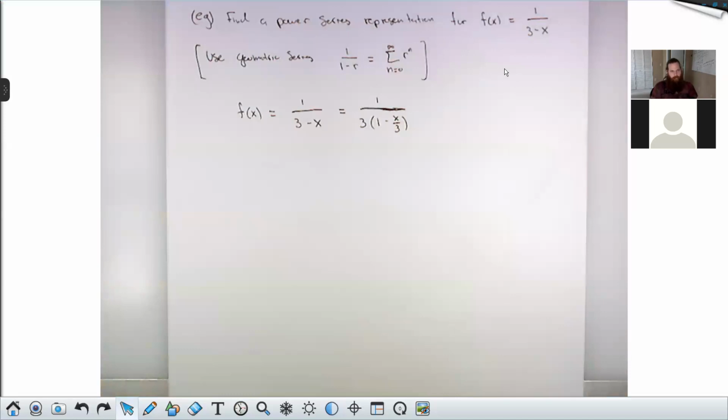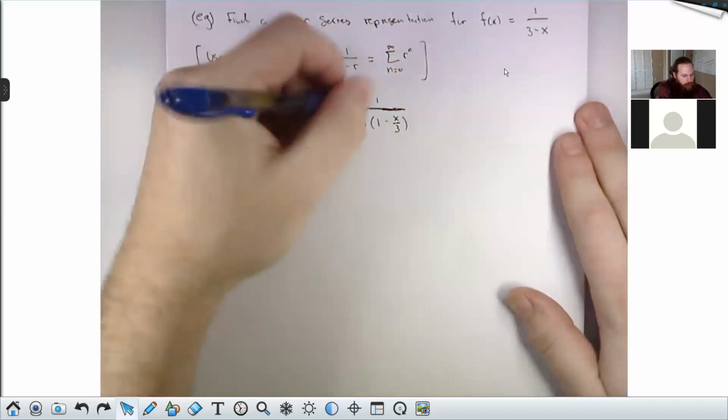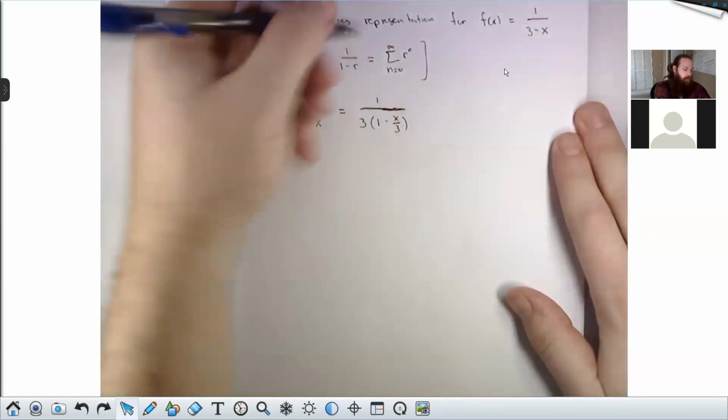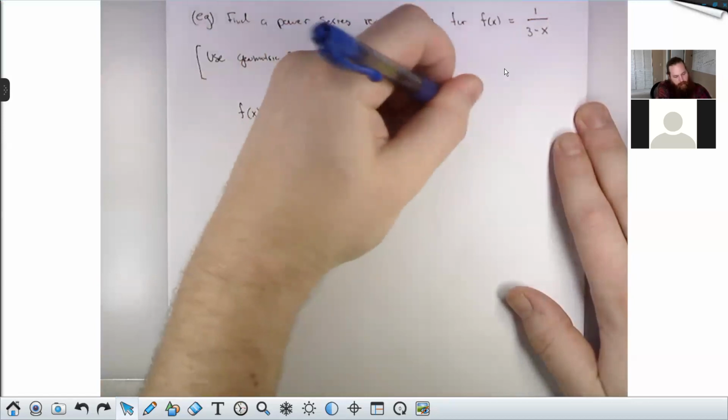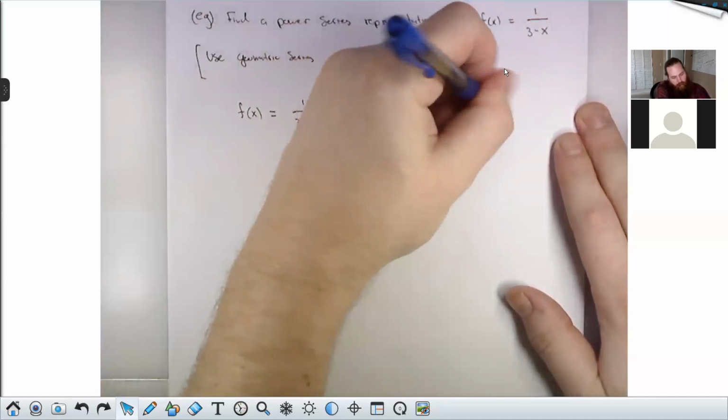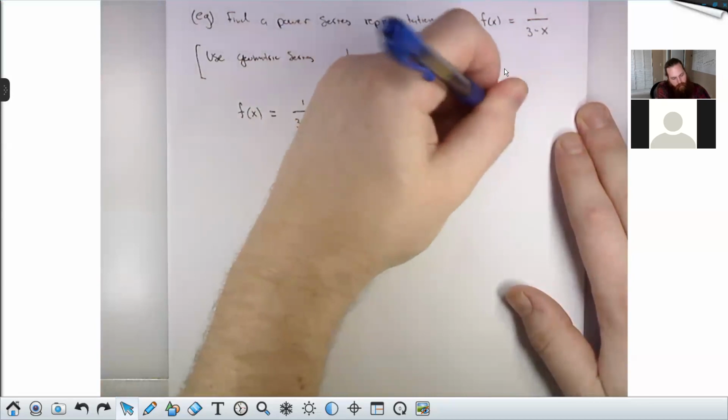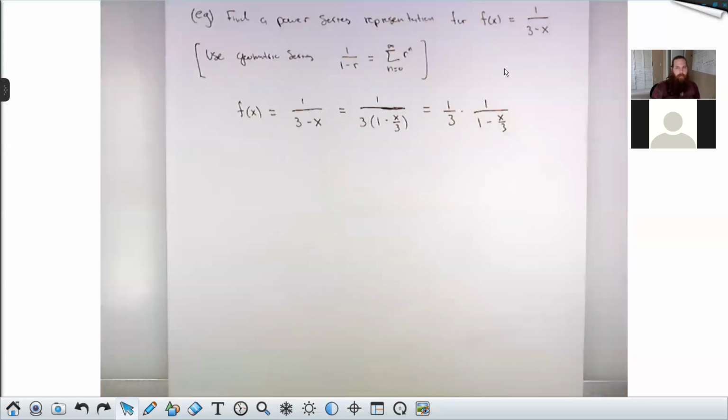Factoring? Alrighty. Now, 1 over 3 times 1 minus x over 3 is the same as 1/3 times 1 over 1 minus x over 3. Because that's how fractions multiply. If I want to multiply this fraction times this fraction, the top is 1 times 1, and the bottom is 3 times this, which is this.